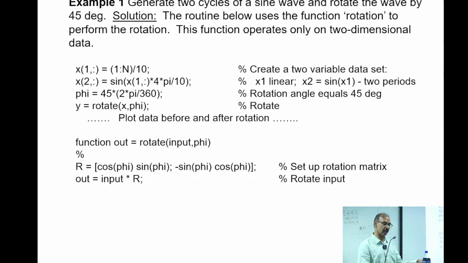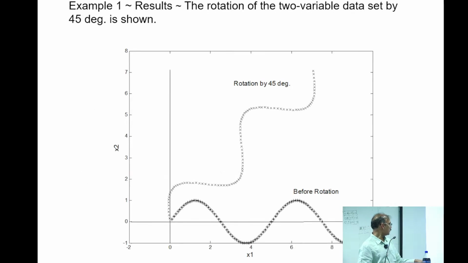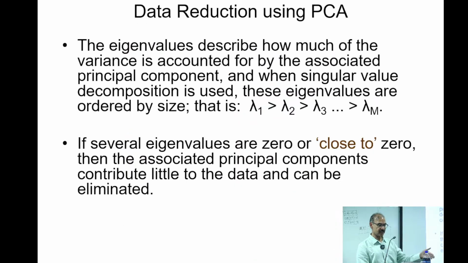So this is basically a sine wave, and then we are rotating it, so we would get two time series, one sine wave, the other one rotated by 45 degrees. And then the question is, if we analyze this using principal component analysis, what would we get, right? And again, as I said, here the assumption is that, based on the number of time series that you collect, the number of components is much smaller, right?